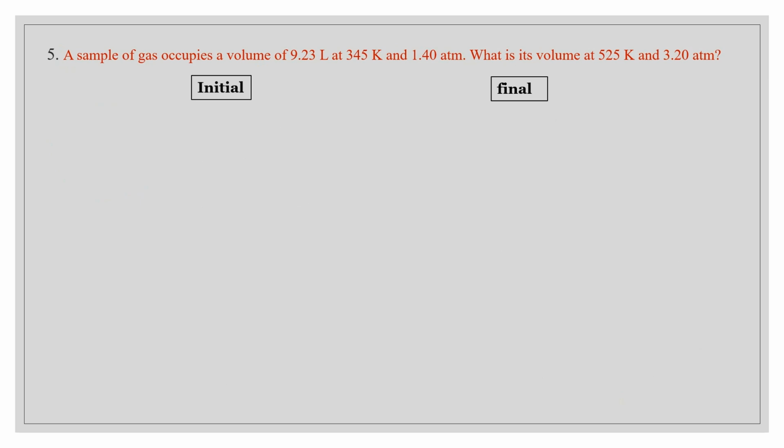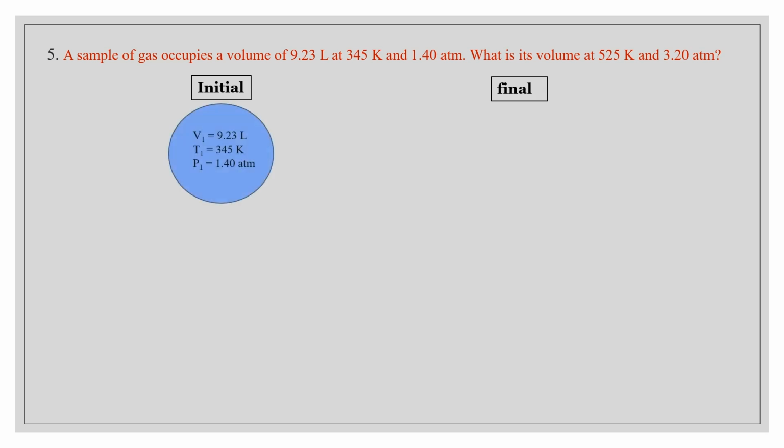Next question. A sample of gas occupies a volume of 9.23 liters at 345 Kelvin and 1.40 atm. What is its volume at 525 Kelvin and 3.20 atm? First, read the question carefully and try to identify the initial conditions and the final conditions.